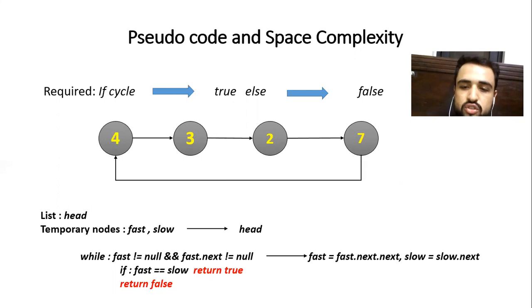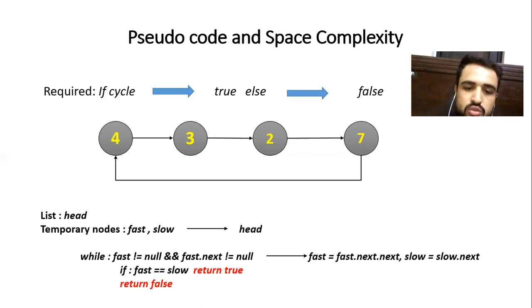Inside the loop, we will update the values of fast and slow. The fast one should be assigned the new value, fast.next.next, and slow will be equal to slow.next.